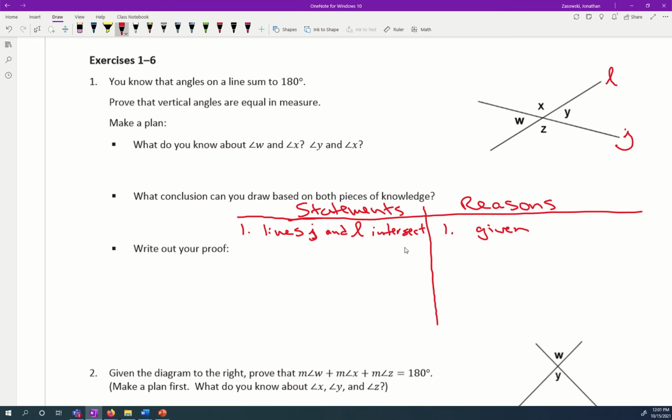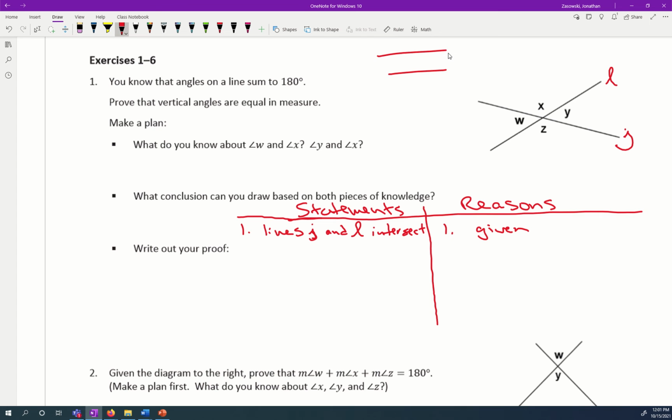Easy enough? Okay. So, Orna, let's look at this first dot here. What do you know about angles W and X in that picture? Careful, because we don't have the parallel line deal, so we can't really use interior.